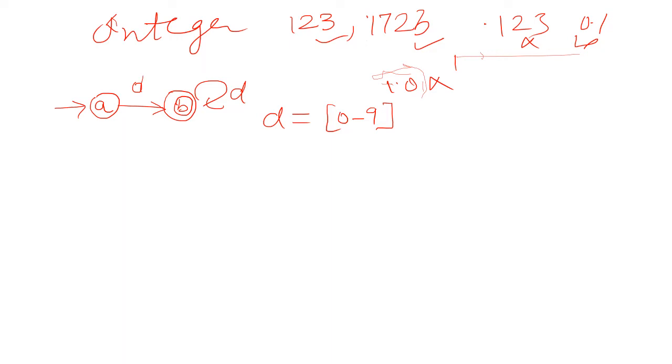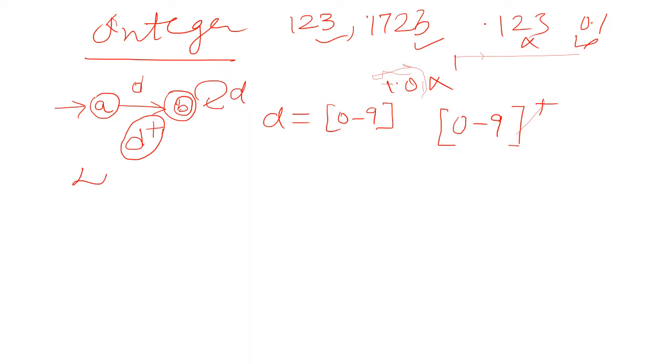What does it mean? It means D plus, D positive closure, which means at least one digit will be there for sure. All right. Now the regular expression is 0 to 9 plus. This is the regular expression for integer.